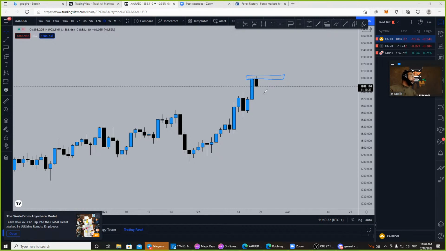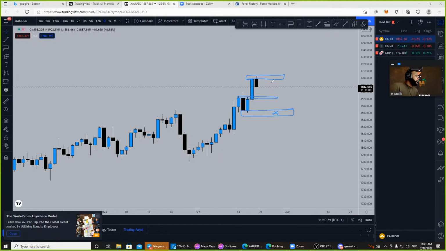Then if we close bearish, then we're stuck in this range, right, from the support to the resistance. So then, based on the daily time frame, it really might come down to these areas. But we have news, right? We have news, and honestly, I would keep this in perspective, or in the back of my head at least.